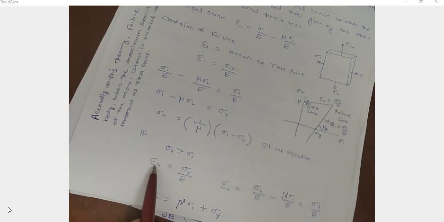And if sigma 2 is greater than sigma 1, then epsilon 2 is equal to sigma y by E. Or epsilon 2 is equal to, again, sigma 2 by E minus mu into sigma 1 by E. We can equate these two equations. So we get sigma 2 minus mu into sigma 1 is equal to sigma y.